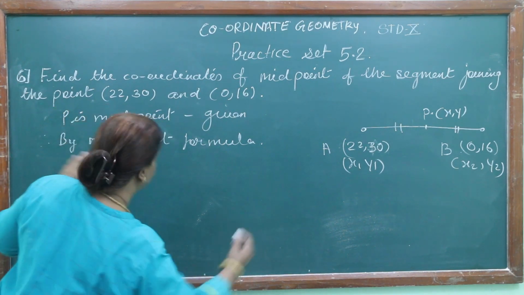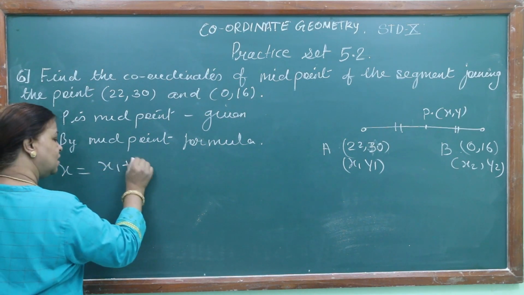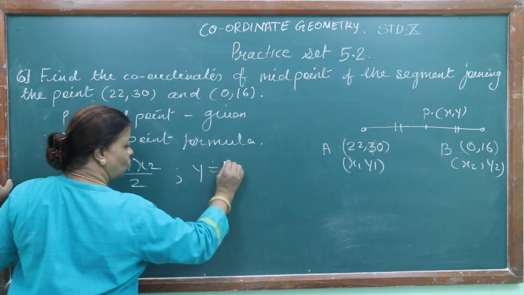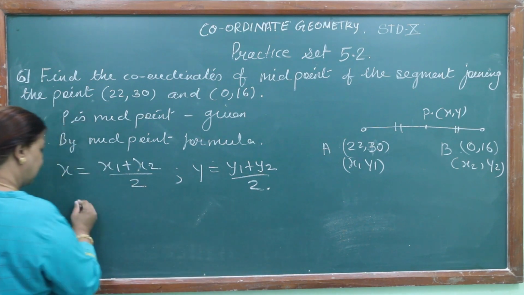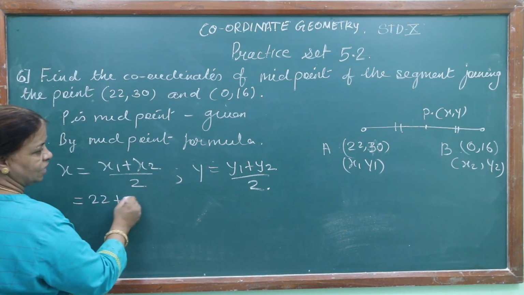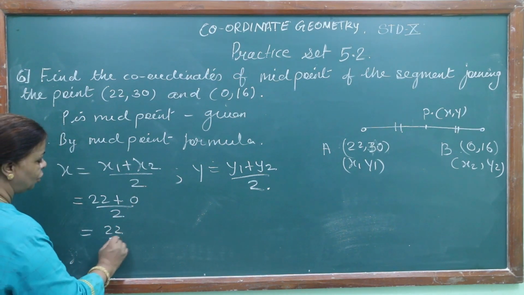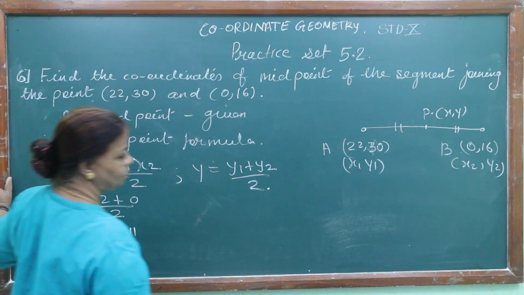So let us find the x coordinate. x is equal to x1 plus x2 upon 2, and y is equal to y1 plus y2 upon 2. Now x1 is how much? 22, plus x2 is 0, upon 2, which is equal to 22 upon 2, that is 11. So the x coordinate is equal to 11, children.